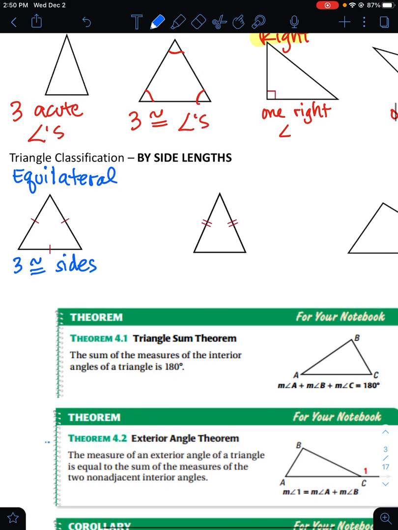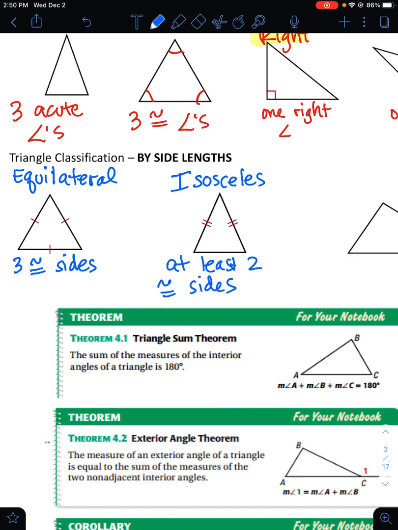The second one has two congruent sides. That is called isosceles. Isosceles and definition. Now I'm going to add here not just two congruent sides, it's at least two congruent sides.